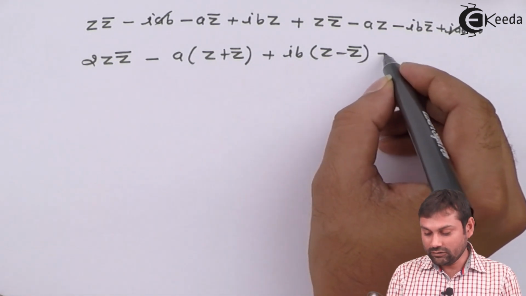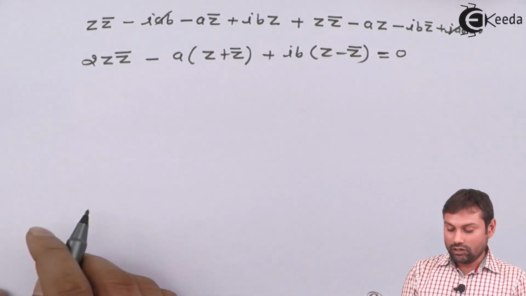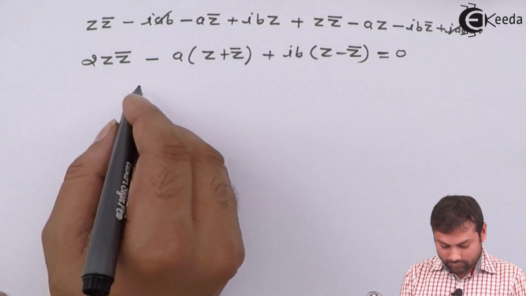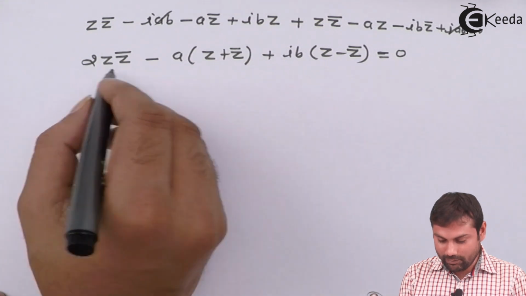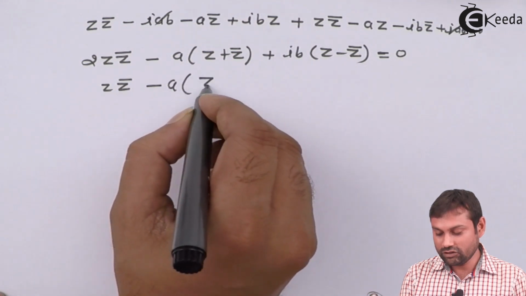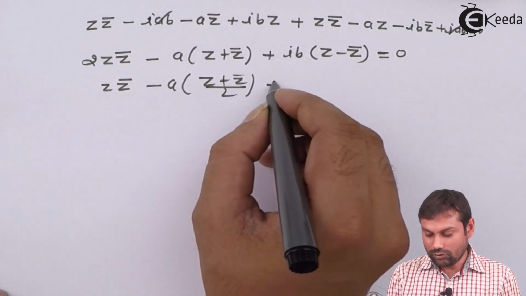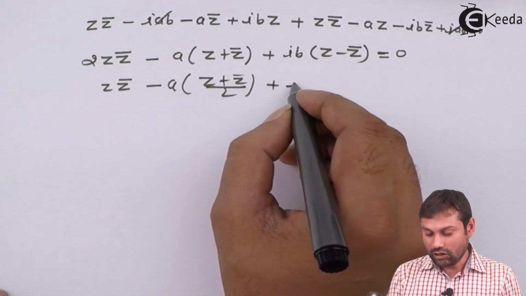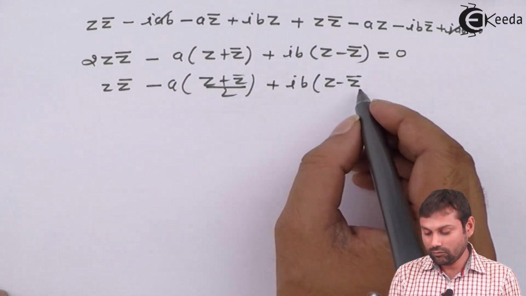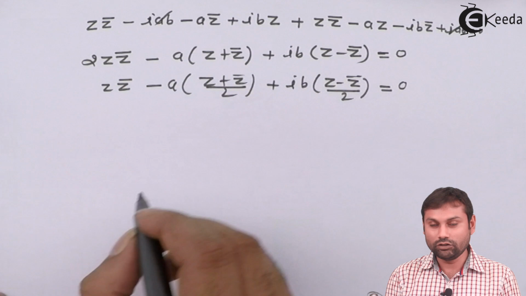That equals 0. Now we can multiply by 2 here, so that becomes z bar minus A times (z plus z bar) upon 2, plus iB times (z minus z bar) upon 2 equals 0.